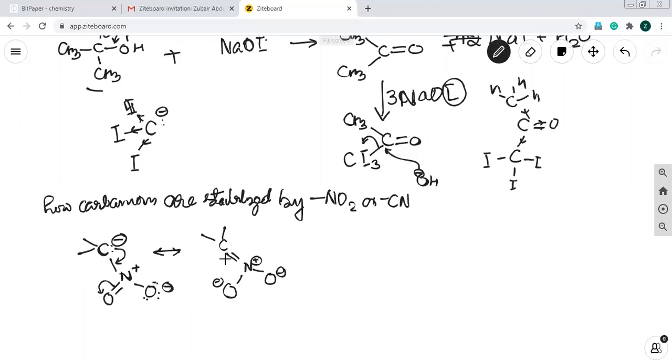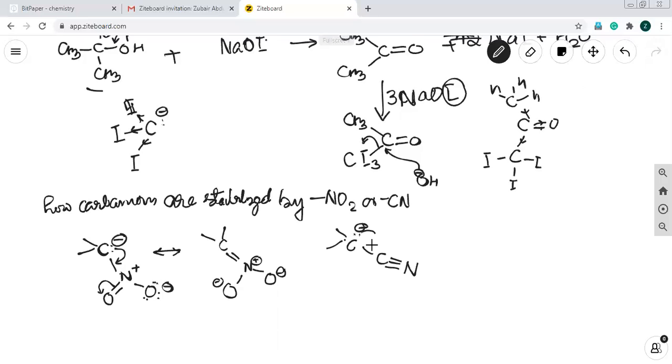Right? You can show this with the double bond also here. So double bond will be stabilizing. NO2 and CN group also will be stabilizing in the same fashion. See here. I don't know how many of you have got this answer. I'll ask you to look into the video. Lone pair of electron, carbanion.